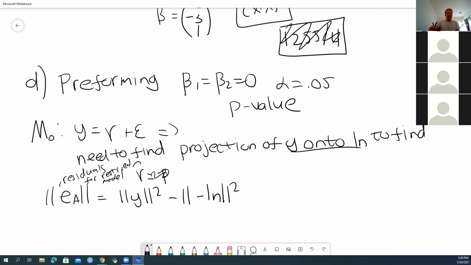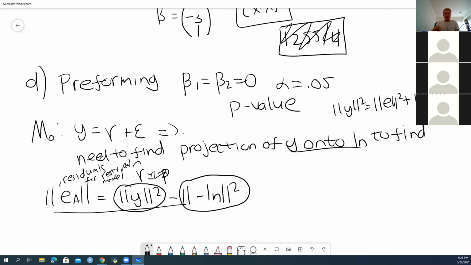Remember, above we had the fact that y squared is equal to e squared plus x beta hat squared, but now x beta hat squared is just negative 1n. That's our estimated value. Then we can rearrange this to get what we need to do a model checking comparison. We already calculated this before, and this is going to be 15.